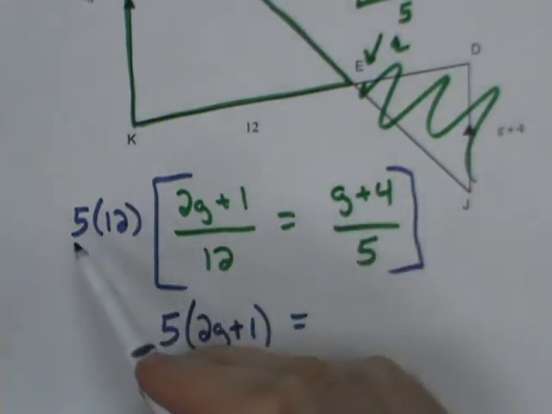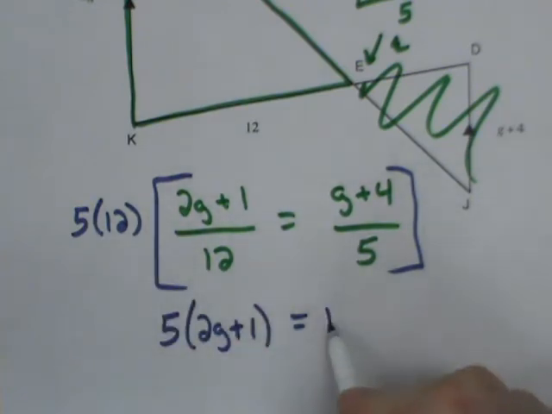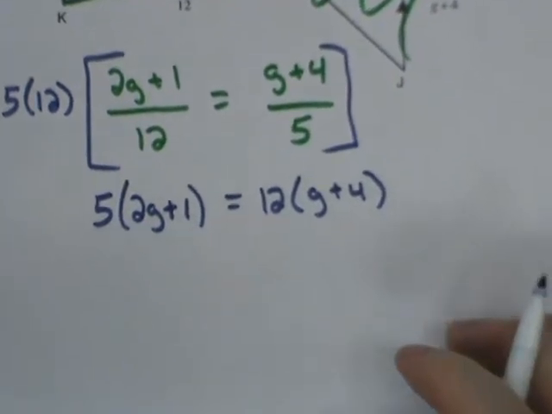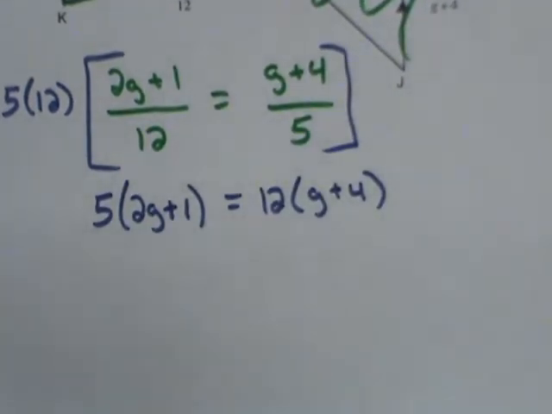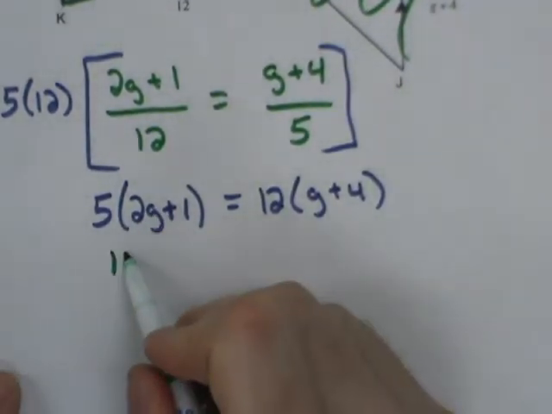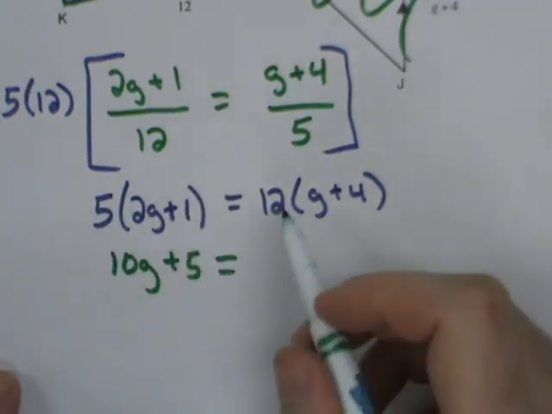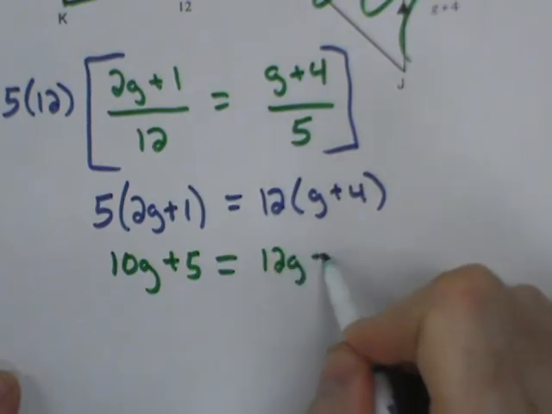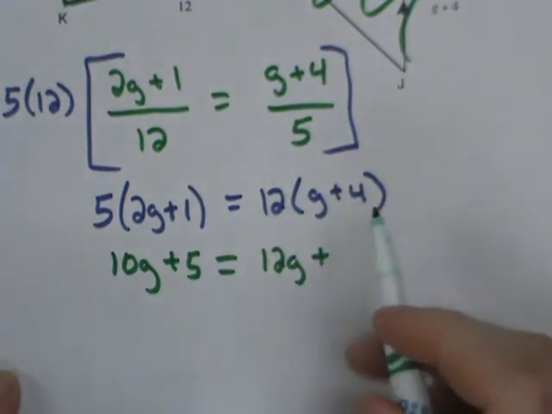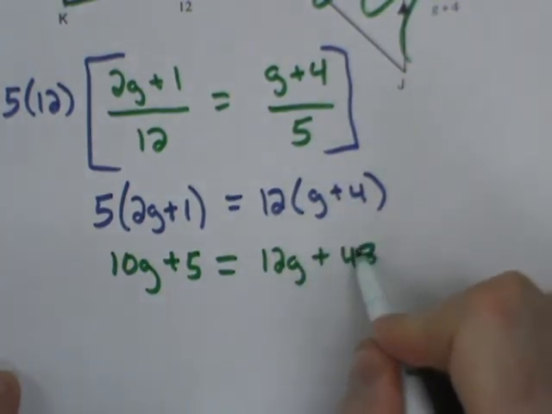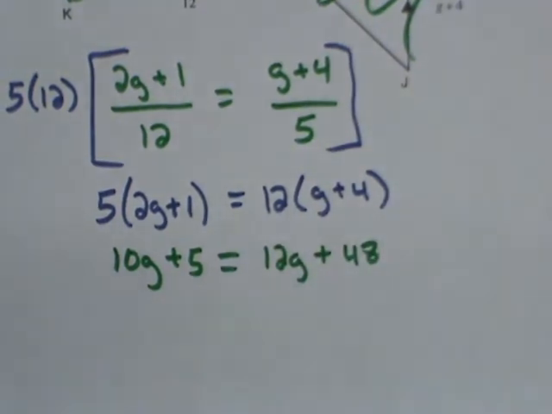To the second fraction, the 5s cancel out, and so I'm left with the 12 and g plus 4. And then that's the equation we want to solve. Let's see what happens. 5 times 2 is 10g plus 5, as I distribute that to both parts. This will be 12g plus 48. 12 times 4 is 48.